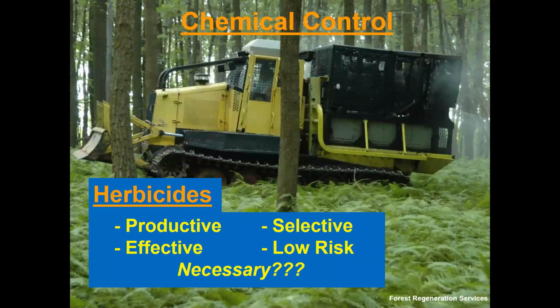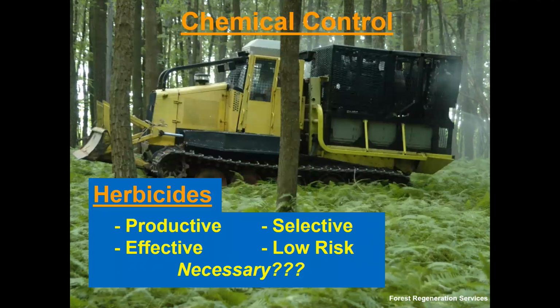Effective, we have lots of research now that shows how to control these things using herbicides, what active ingredient to use, what rate to use, what time of year. Colleagues of mine and colleagues at the Forest Service have done a tremendous amount of work looking at everything from beech brush and fern to tree of heaven and Japanese stiltgrass.